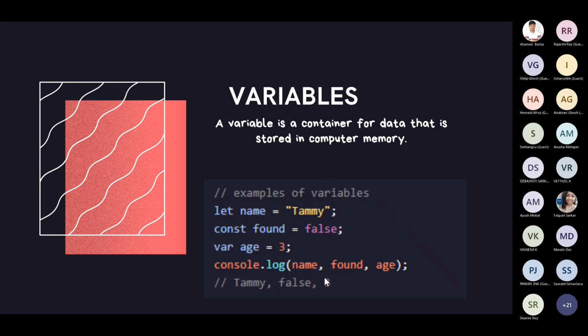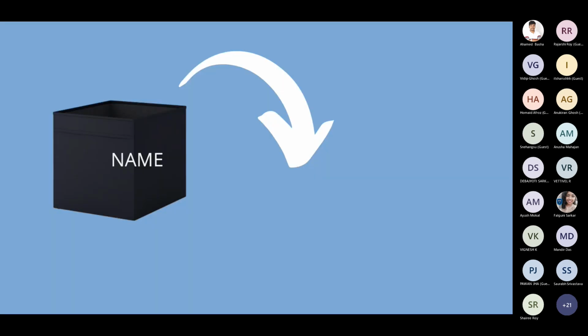If you are still not understanding what is happening, let me show you with an example. Suppose you take an empty box and the name of the box is name. I know it's a pretty glitchy example, but the name of the box is actually name. Inside the box right now, I am storing the value Tammy.